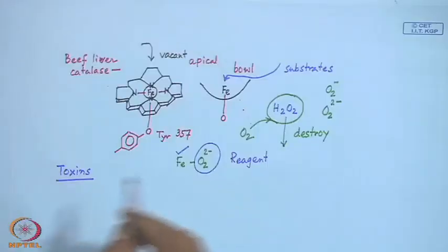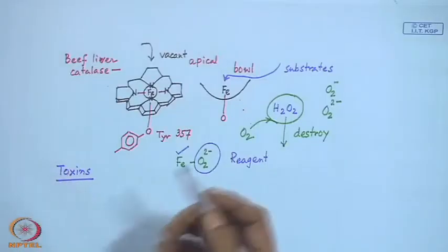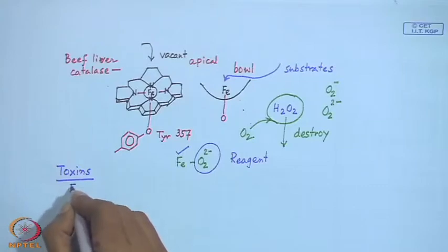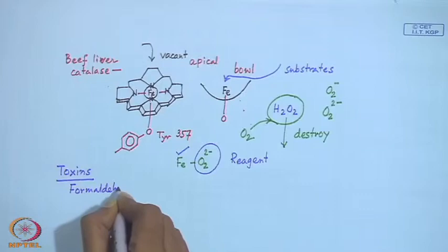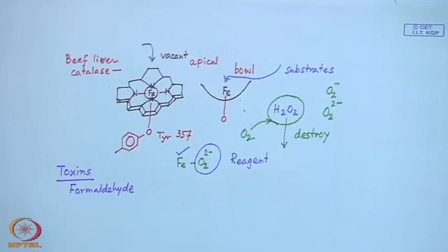So the concentration of catalase in all living systems is important. Some persons are unable to produce the amount required for the destruction of hydrogen peroxide, and some other living species produce more hydrogen peroxide, so there will be some imbalance. This reactivity can also be useful for destroying other toxins like formaldehyde. That is why we are studying this.